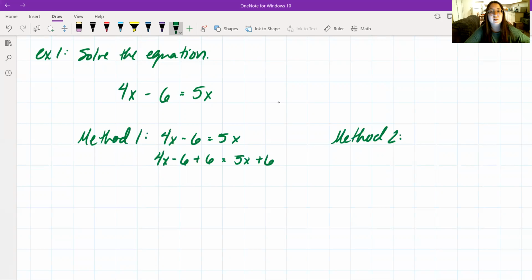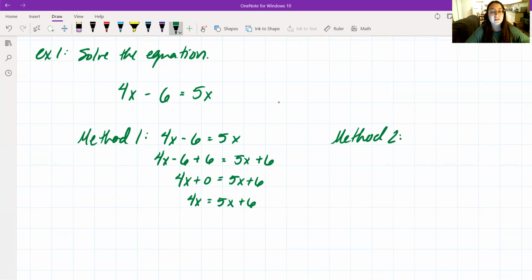If we add 6 to the left side, we have to add 6 to the right as well. Since we added 6, this gives us 4x plus 0 is equal to 5x plus 6. Since adding 0 is our identity property, this is just 4x is equal to 5x plus 6.